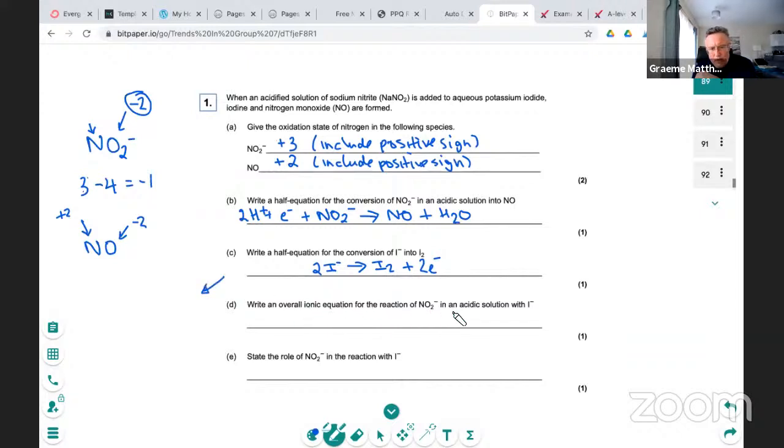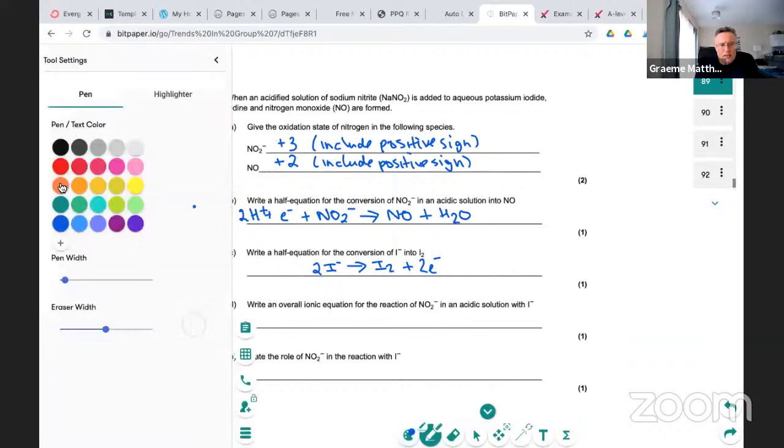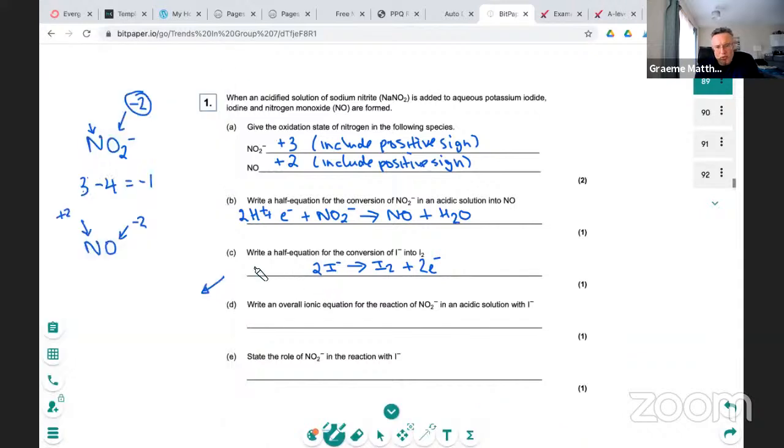Overall ionic equation. Oh, well, this one's nice. Now, chemists, really quick then. Obviously, I'm going to have to multiply. I have to multiply the top one here by 2. Why? Because I've got 2 electrons in the bottom on the right. I need 2 electrons on the top here.